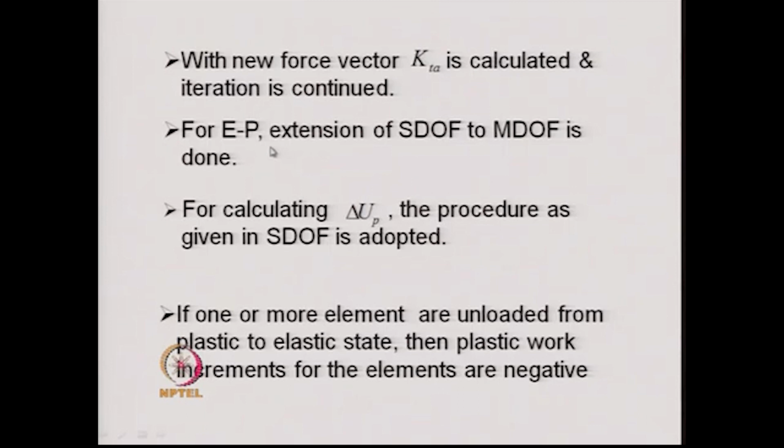One is the scaled displacement, the other is the plastic part of the incremental displacement. So, we add these two to find out the total value of the delta x.